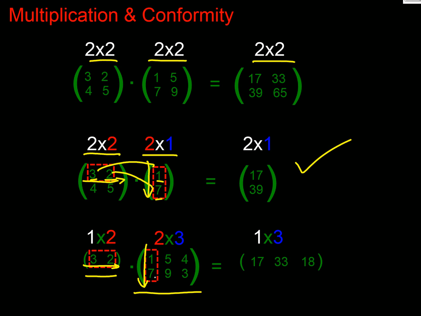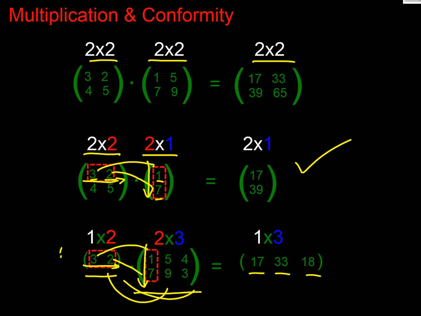It's got 1 and a 7 in it. Well, that's okay, isn't it? Because I've got 2 items in each, so I've got 3 times 1 and 2 times 7, and that added together is going to give me 17. And then I can do the same with the next column, and then the next column. So I'm going to end up with 1 row and 3 columns.